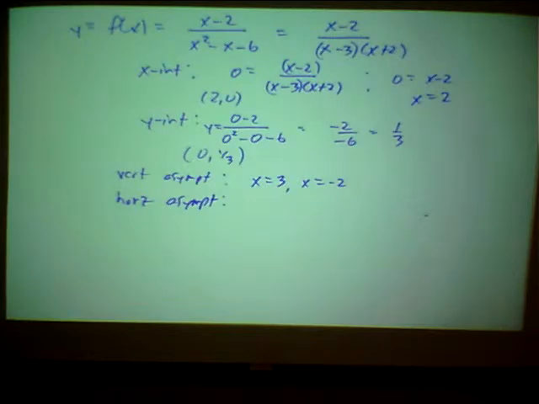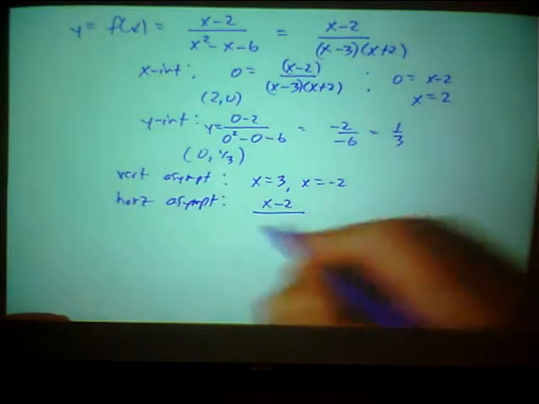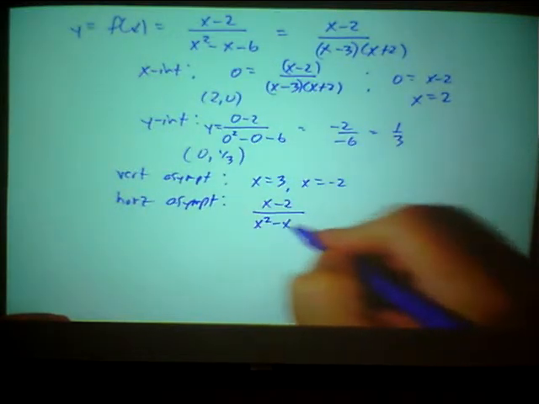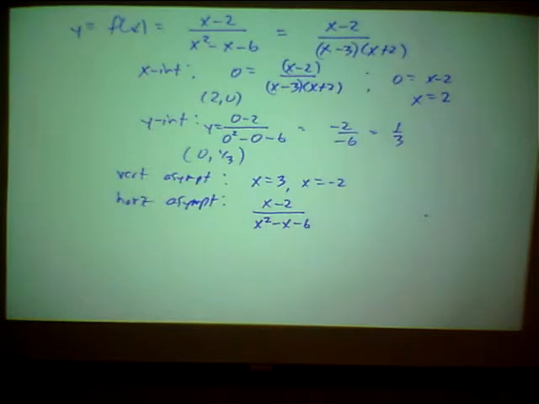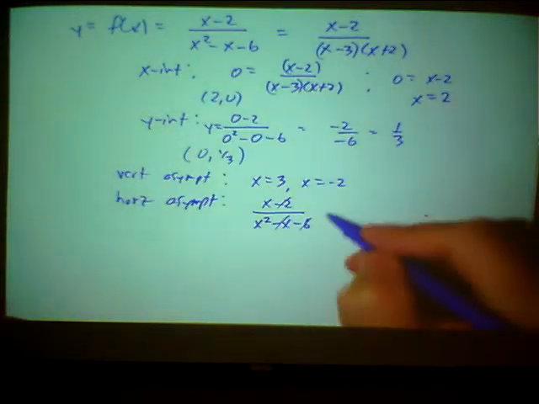And then the horizontal asymptote, I take my original function. Let's take the unfactored one, because it's easier that way. And I eliminate everything but the leading term. So the minus 2 goes away, the minus x and the minus 6.